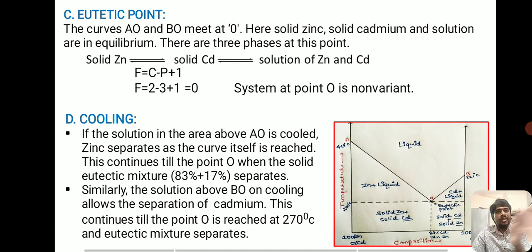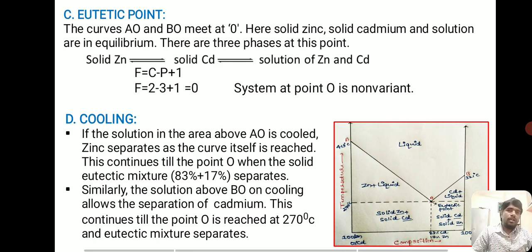You can observe here solid zinc, which is in equilibrium with solid cadmium, which is in equilibrium with solution of zinc and cadmium. So by applying reduced phase rule, here we have three phases and two components. So it gives F is equal to 0. So the system is non-variant. F is equal to 0 means non-variant.